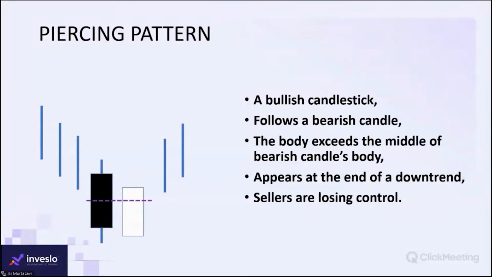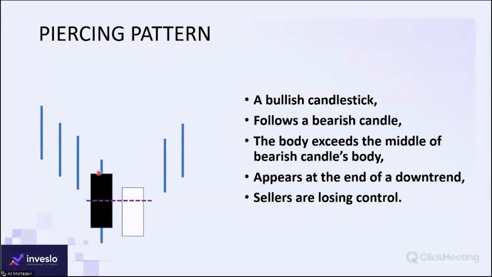Sometimes the turning of market sentiment is not as strong as with engulfing patterns. It means we have a bullish candlestick that follows a bearish candle, like here, and the body exceeds only the middle of the bearish candle, and it can't cover the whole previous body.